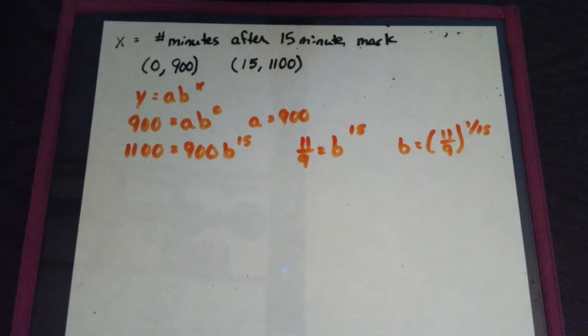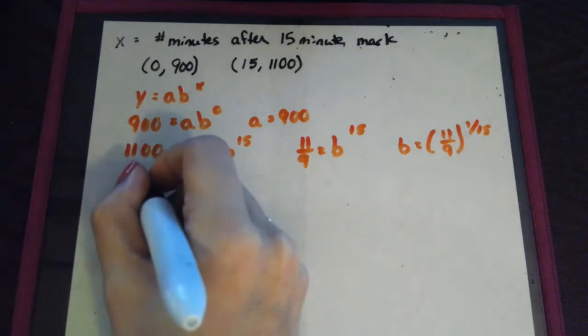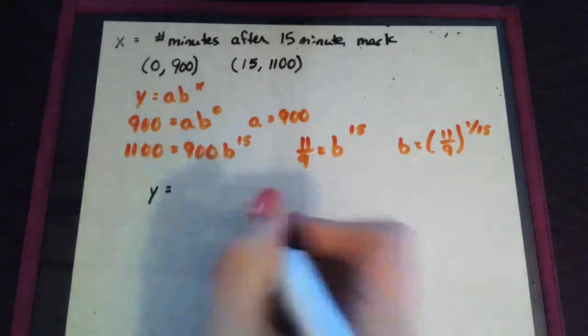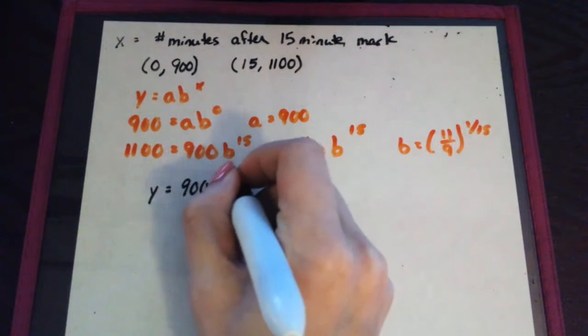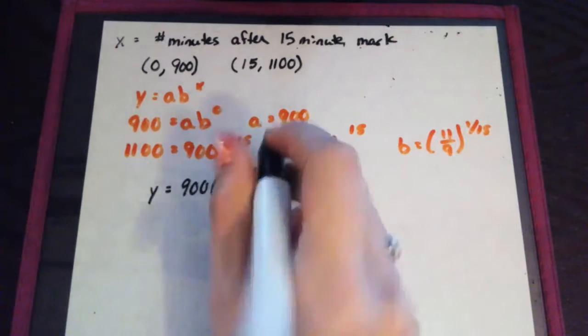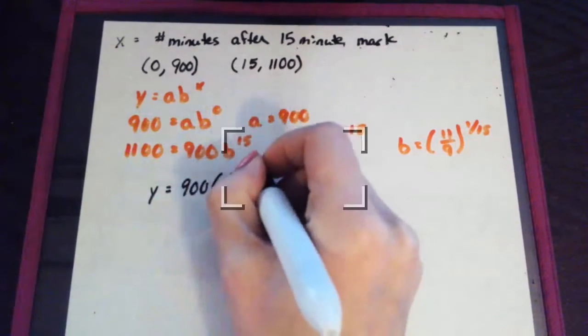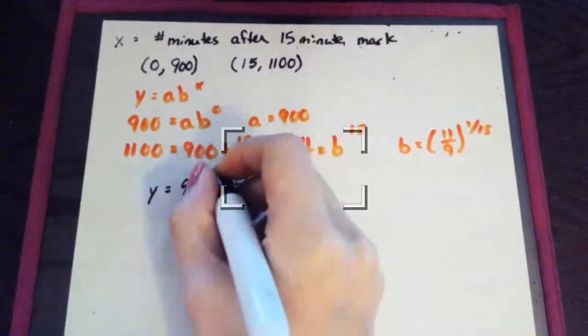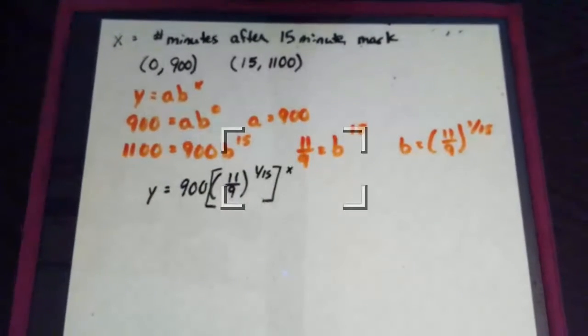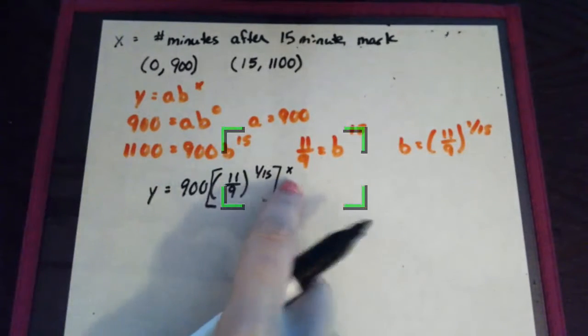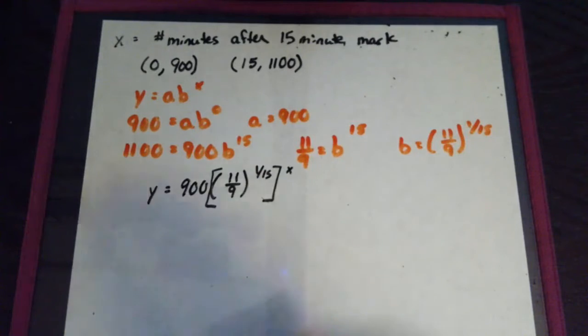So that means my equation is going to be y equals, my a value is 900, times my b value, 11/9 raised to the 1/15, and that is raised to the x power. But when I have a power raised to a power, then I multiply them.